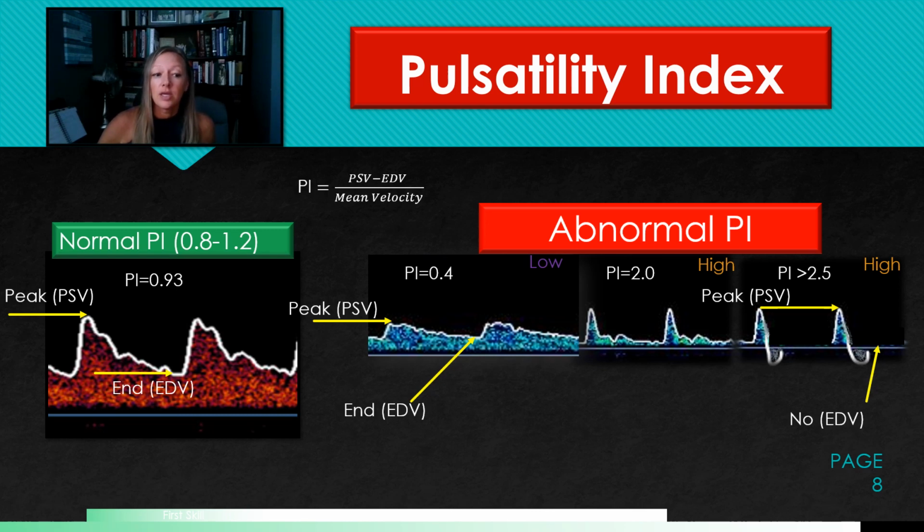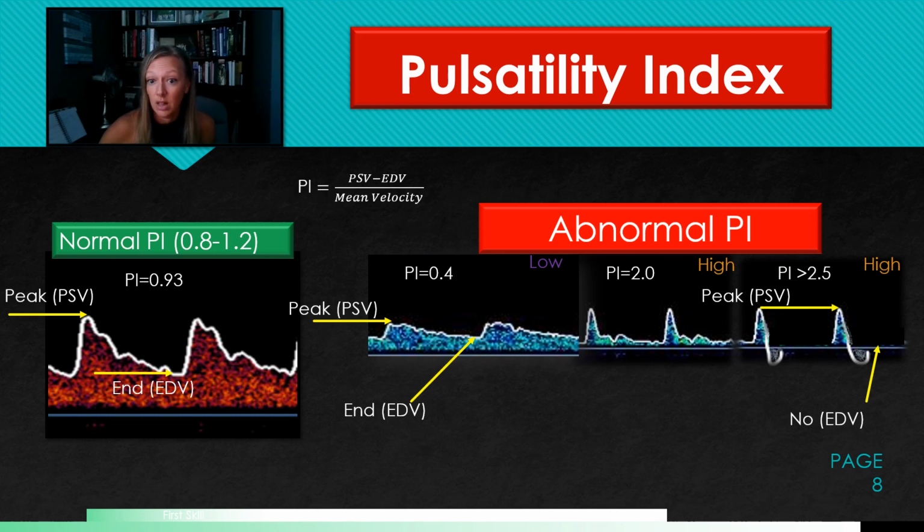The PI equation is the peak systolic velocity minus the diastolic velocity, divided by the mean. The pulsatility index will give us an indication of disease, either proximal or distal to the artery that's being evaluated. It is referring to the resistiveness of the vessel.